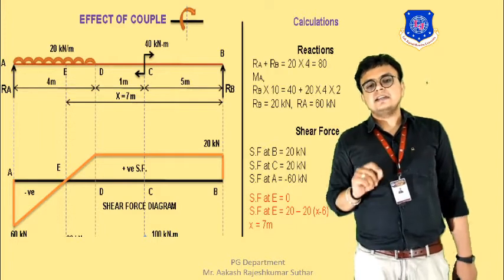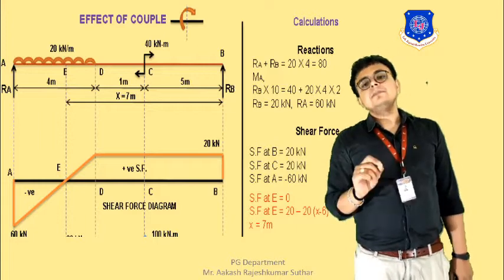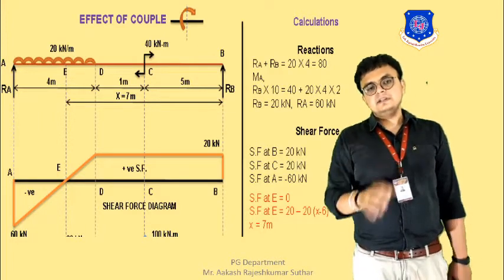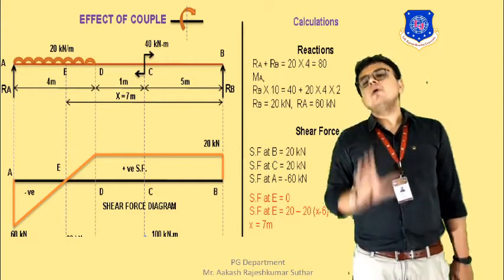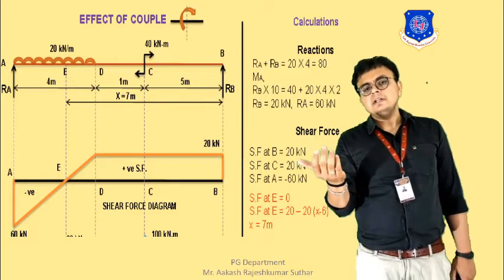So we can say that at a distance 7 meter from the right hand side, taking the moment from the right hand side, that is B. Okay.